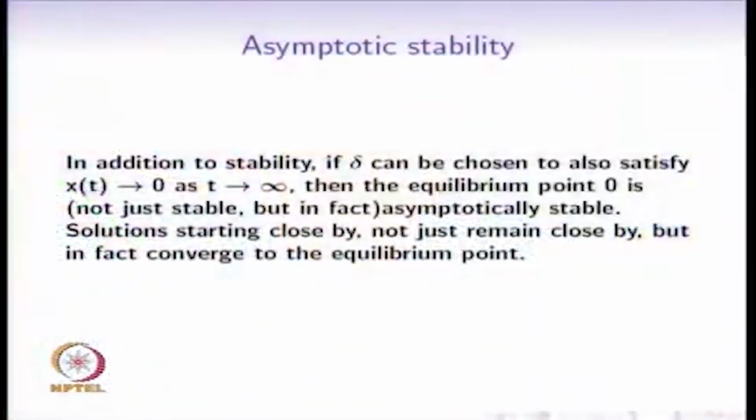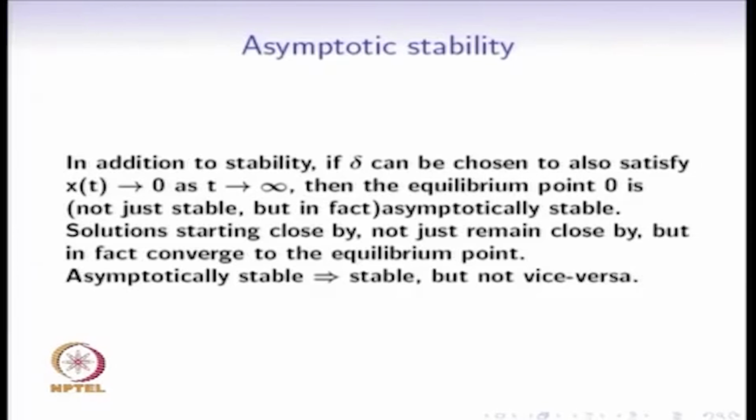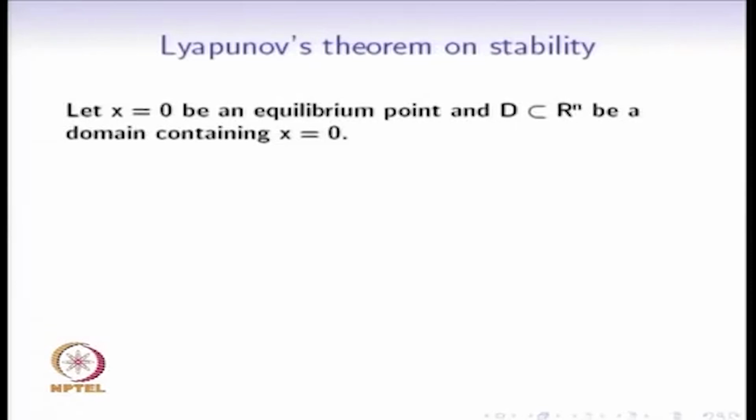If this is satisfied, then we will say that the equilibrium point is asymptotically stable. So, asymptotically stable naturally means that the equilibrium point is also stable, but not vice versa. For just stability, we do not require that the solutions converge to 0, we only require the solutions to remain inside an epsilon neighborhood. So, we now come to Lyapunov's theorem on stability.